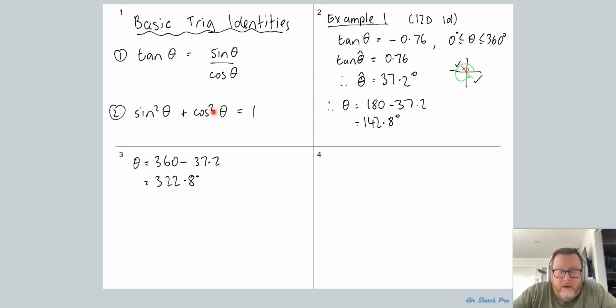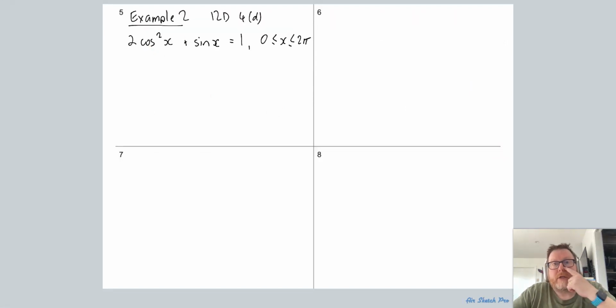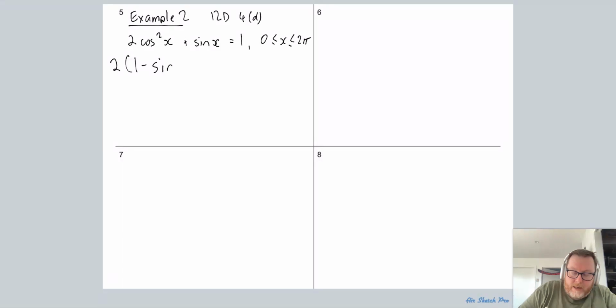If I have cos squared and I subtract sine squared onto this side, I would have cos squared equals 1 minus sine squared. So I've got a cos squared here, so I can literally replace the cos squared x with 1 minus sine squared x. So we've got 2 outside of 1 minus sine squared x plus sine x is equal to 1.